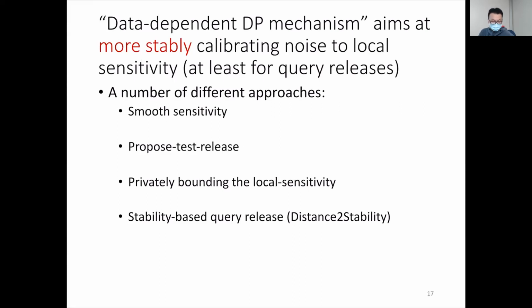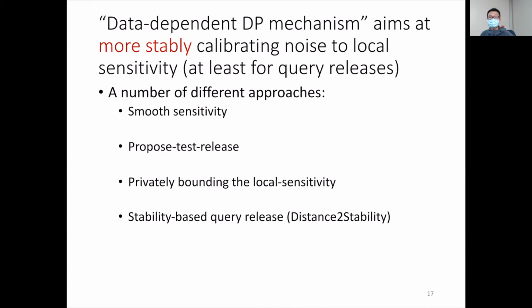So that leads to many different approaches in data-dependent DP algorithm design, including smooth sensitivity, which is the topic of the remainder of today's course, propose-test-release, and how to privately bound or release the local sensitivity.